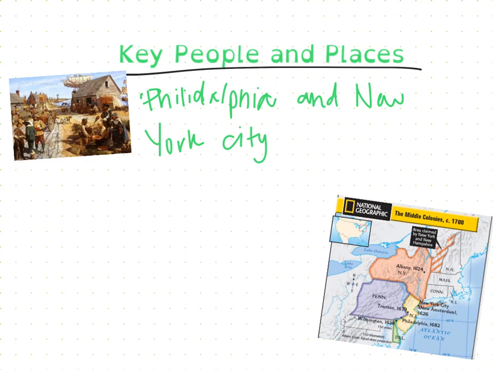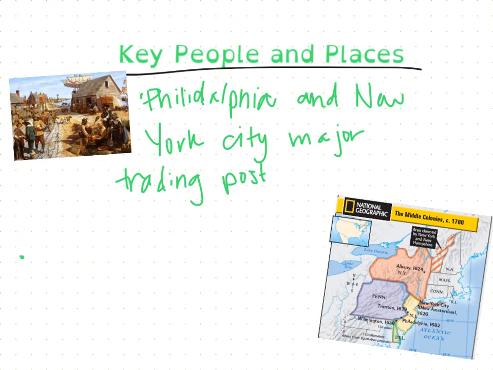These were major trading posts, meaning a ton of trade was happening here. A lot of people ended up living there, and all of that trade made the cities very populous, but it also gave them very good business. It made them develop really well. Hence the reasons we see cities like New York City and Philadelphia being really big, populous cities today.